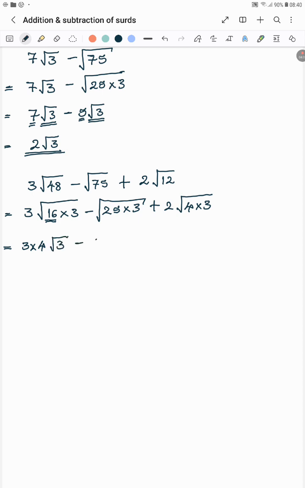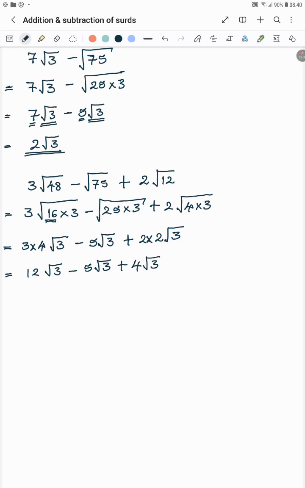Here we take out 5 and we remain with 3 under the root, and here we take out 2 and we remain with 3 under the root. We simplify this stage. Here we get 12 root 3. Here we write it as it is, 5 root 3, and here we have 4 root 3.